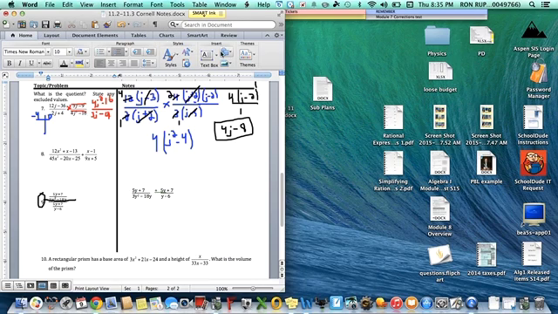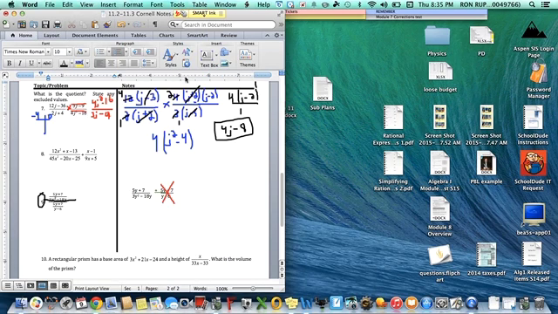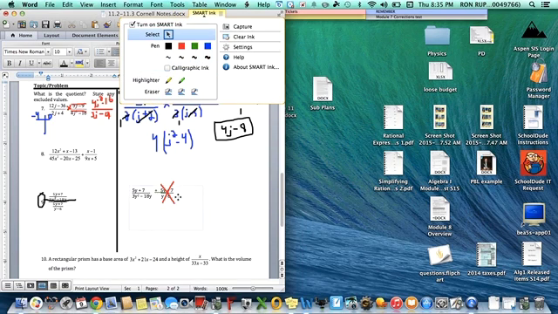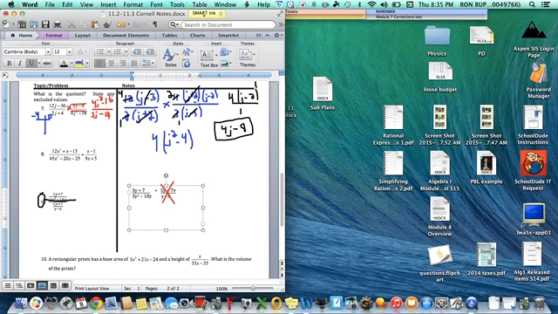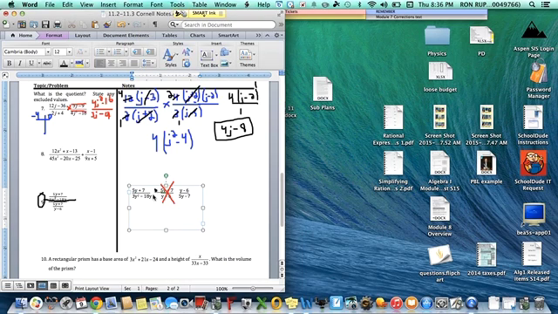And so what that ends up becoming is y minus 6 over 5y plus 7. And we change that division symbol to a multiplication.